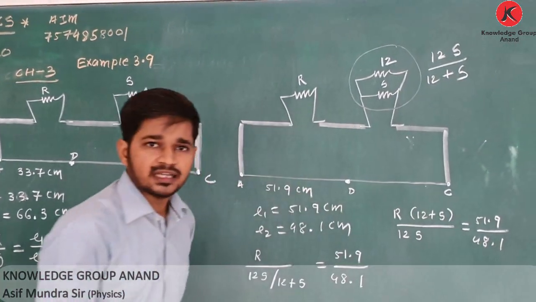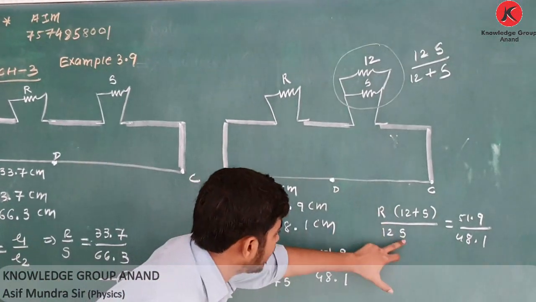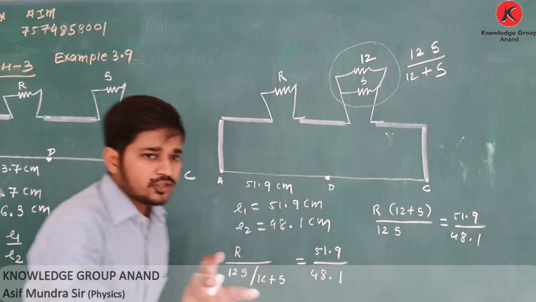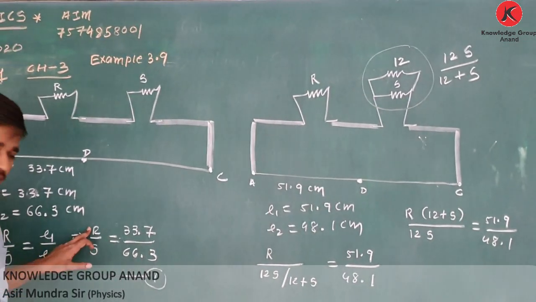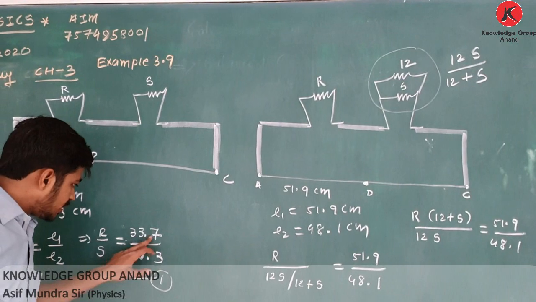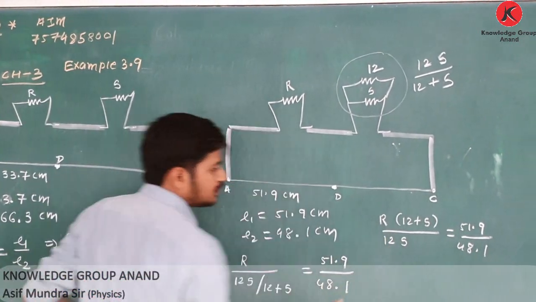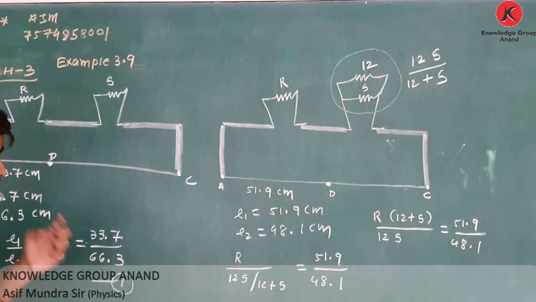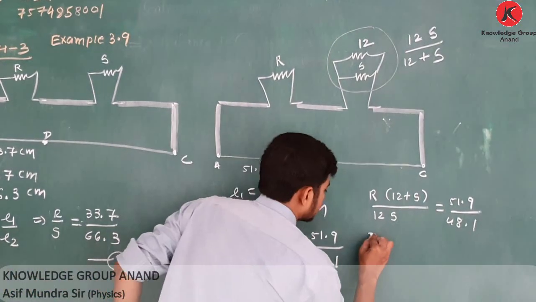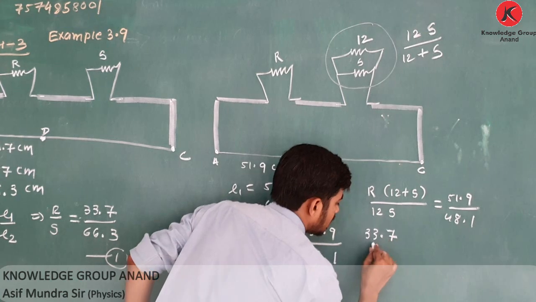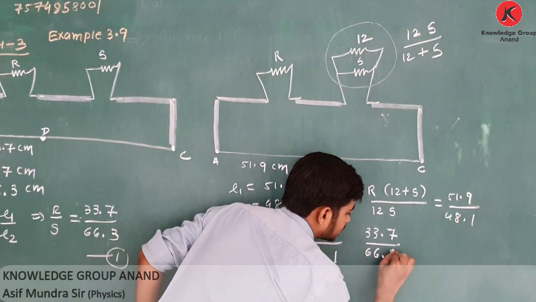Now how to simplify this? See, you know R upon S. What is the value of R upon S? Here, R upon S is equal to 33.7 upon 66.3. So I will replace R upon S by 33.7 divided by 66.3.